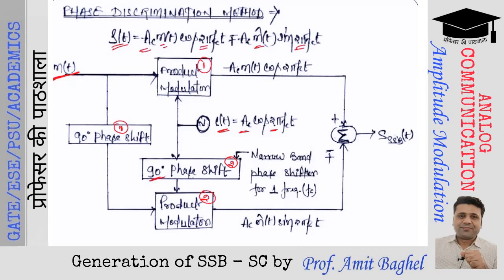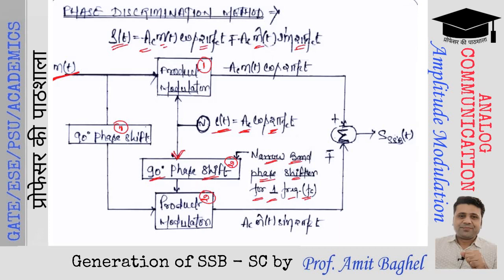The input of the 90-degree phase shifter 2 is c(t), and c(t) is Ac cos 2 pi fc t. That means it is a single tone carrier signal which contains only one frequency fc. Therefore, the 90-degree phase shifter 2 is known as narrow band phase shifter, which is applied only for single frequency fc.